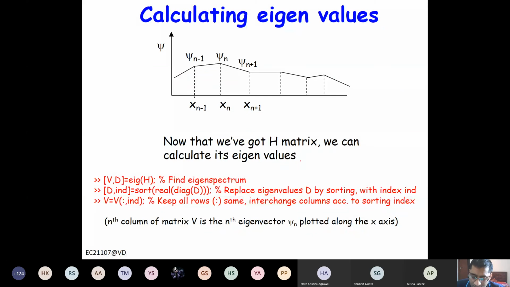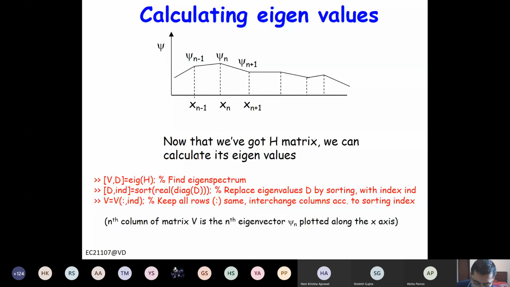So now you can calculate. We have got the H matrix, we can calculate eigenvalues. There's a function called eig in MATLAB. And then you can sort it, because those eigenvalues may not be in sequence, right? We are looking for the lowest energies, because those we can visualize easily. And then you can get the corresponding index. This is basically sort, right?